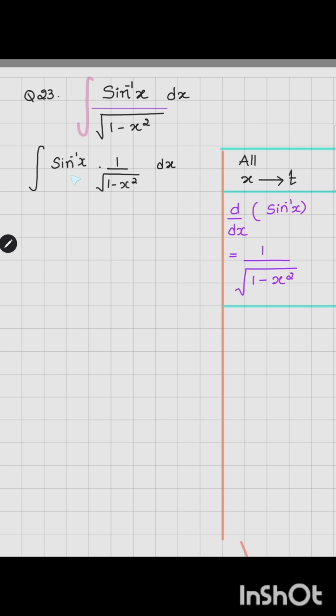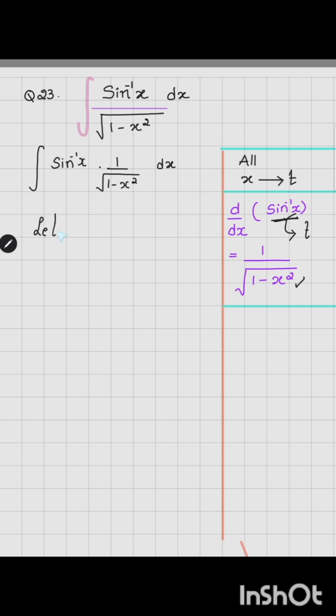Now they have given an inverse trigonometric function, sine inverse, and we know the formula: if we differentiate sine inverse x, we get 1 divided by square root of 1 minus x square. So both sine inverse x and 1 by square root of 1 minus x square are in the integrand. When we have such a situation, we apply the substitution method, with both the function and its derivative. Now which one to equate as t? Whether sine inverse x or 1 by square root of 1 minus x square, we take the original function and equate it to t.